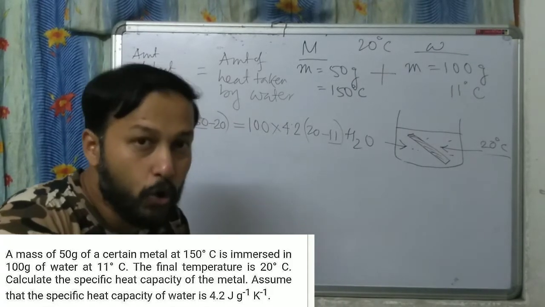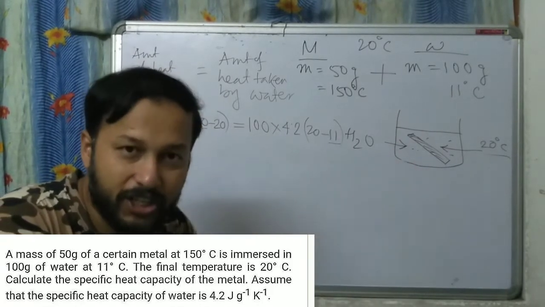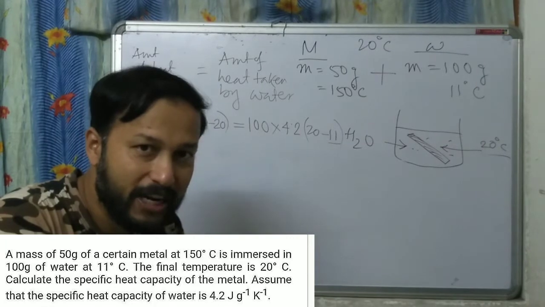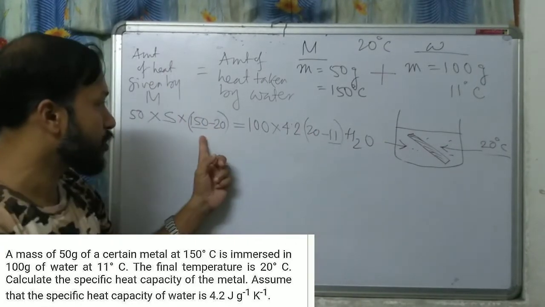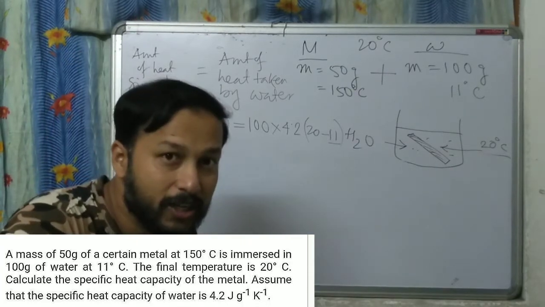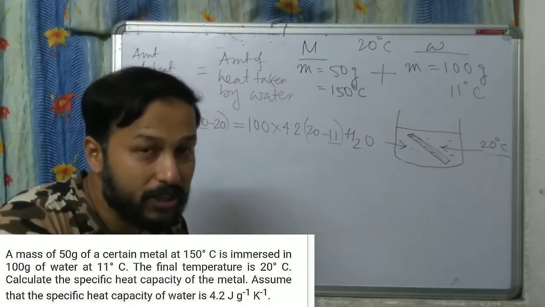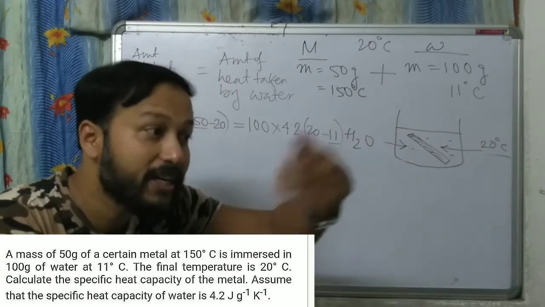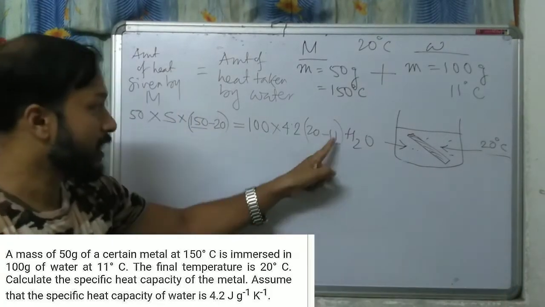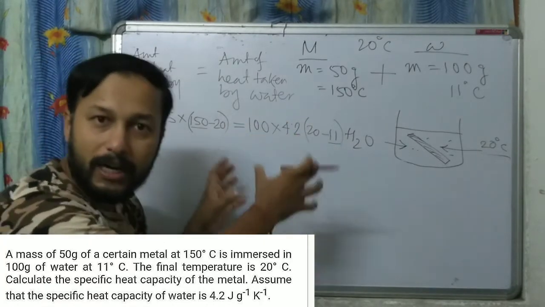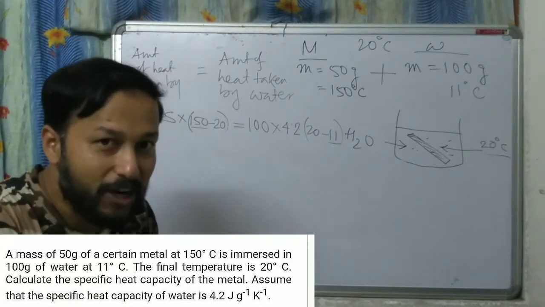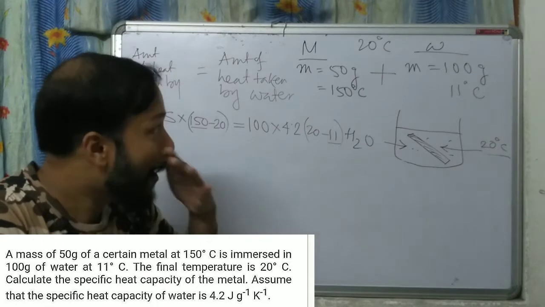I repeat, who is giving heat? Material is giving heat, so material's temperature will be written at first. Now who is taking heat? Water is taking heat. Water's temperature will be written at last. Understood?